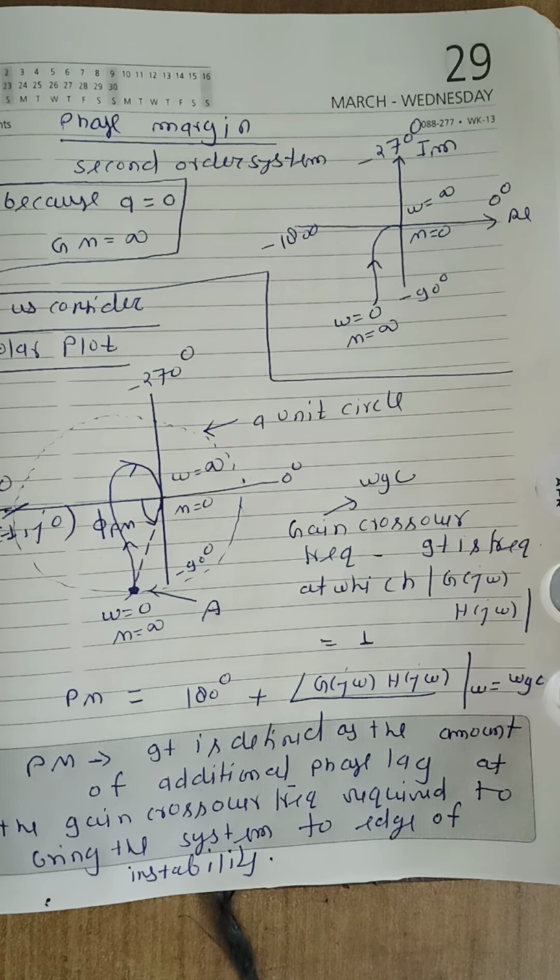So according to the polar plot, we can define stability for the system according to gain margin and phase margin. Similarly, with the help of Bode plot, we can define the stability for the system according to gain margin and phase margin.